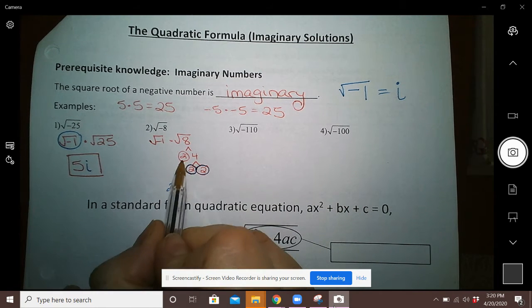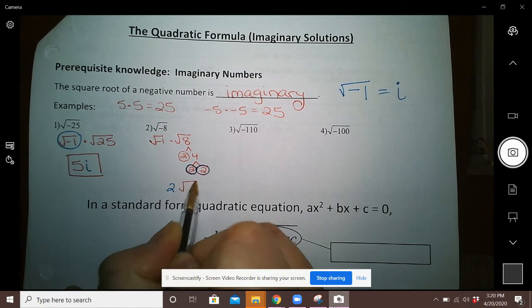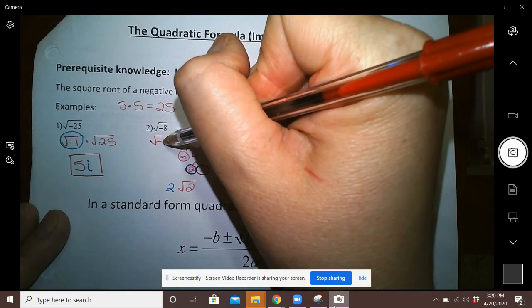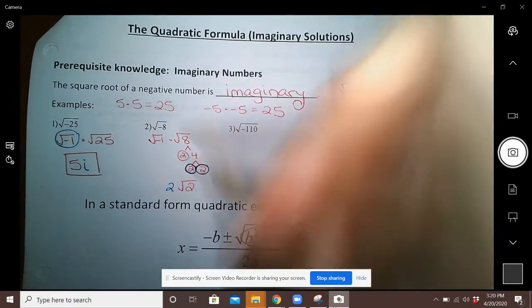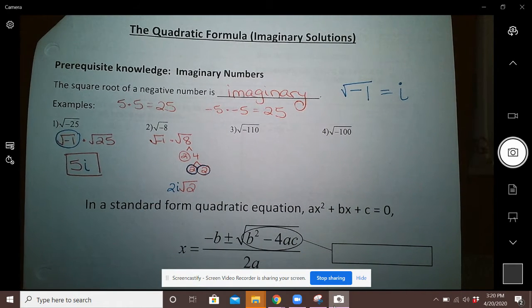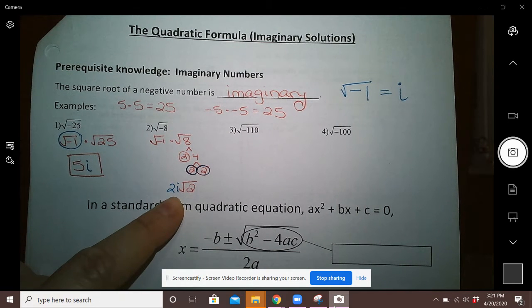And I'm going to leave anything unpaired on the inside. And now this square root of negative 1 is i. That's where the imaginary value comes from. And I slide it. Normally you're going to see it slid right in front of the square root symbol. That's normally where it sits in an answer.